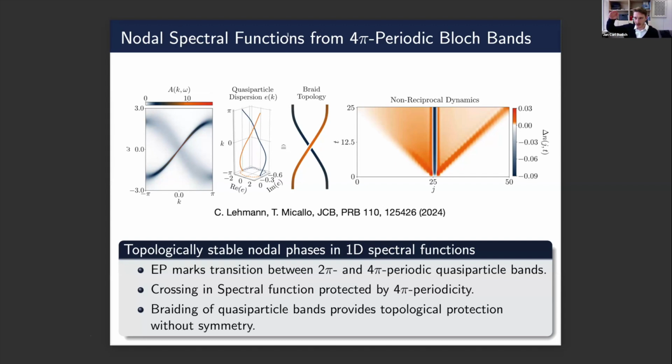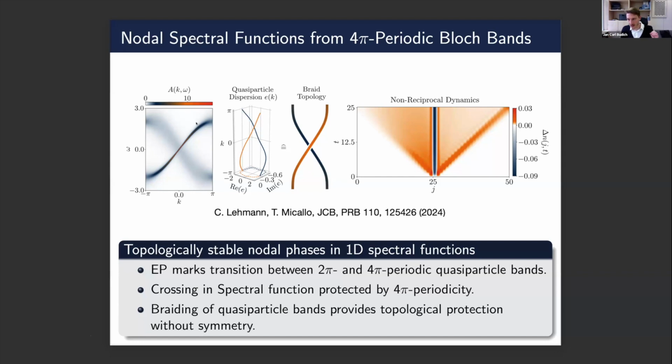So that is somehow from three-dimensional systems where you have stable Weyl points in a Hermitian system, we can now go 2 dimensions down if we look at it from the angle of what we would see in a spectral function. So why is this?